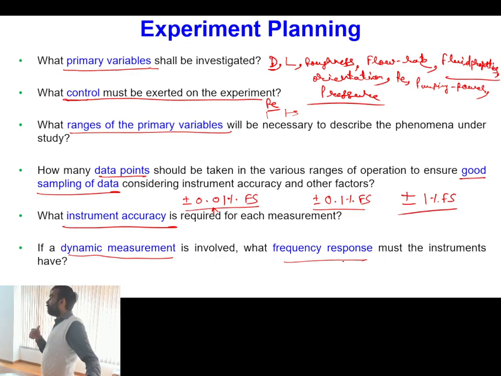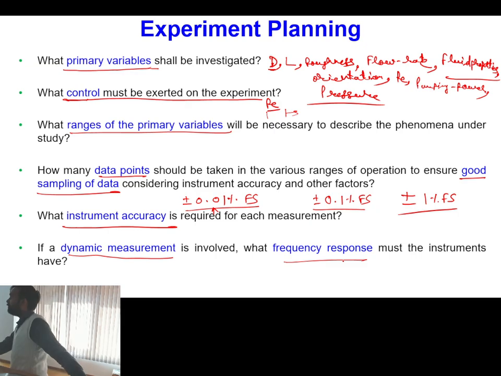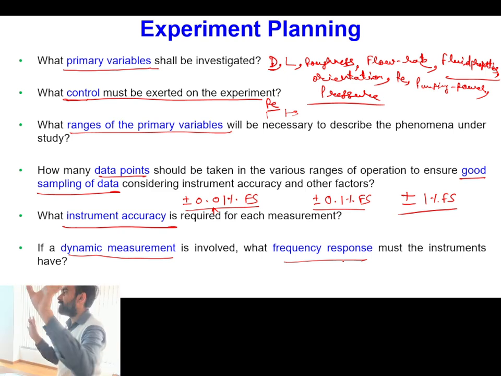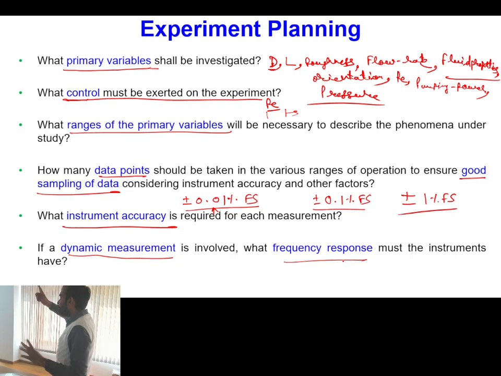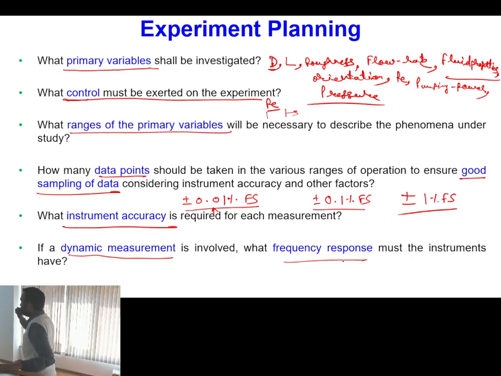So now your measurement type has become dynamic instead of static, because at each and every time you have to record the value of pressure. Then your Bourdon tube pressure gauge will not work, because its reading will keep on deflecting and it will only represent a steady value once all the physical conditions are maintained.